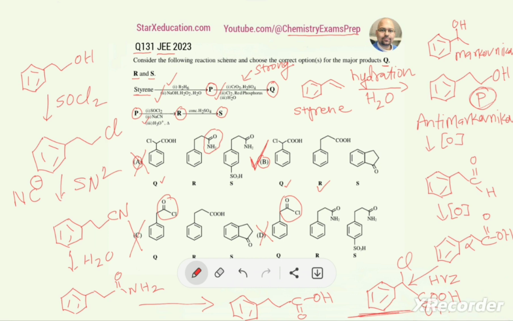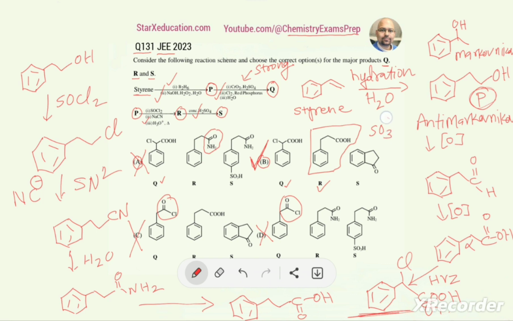But you can see what could happen in case of compound R when it undergoes reaction with concentrated H2SO4. So this is an aromatic compound. Compound R is an aromatic compound, and we know that aromatic compounds, the benzene, can undergo the sulfonation reaction. But for the sulfonation, the electrophile is not simply H2SO4, it is sulfur trioxide.